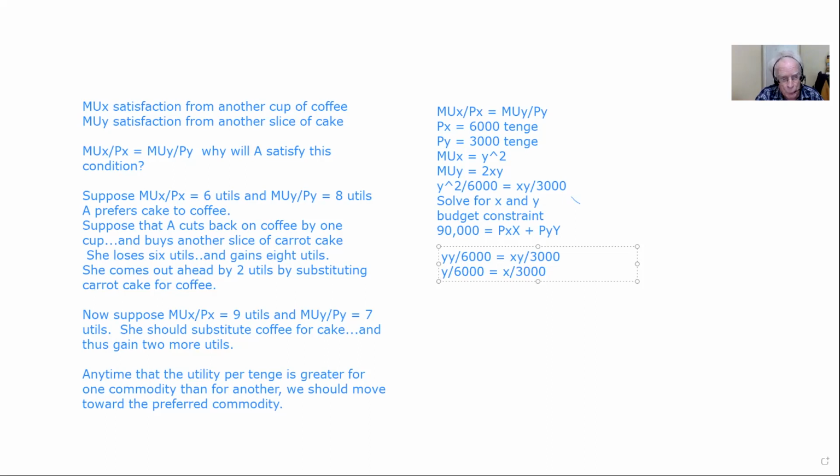So our condition boils down to this, and then we can solve for x by multiplying both sides by 3,000 times y. In other words, x is equal to y divided by 2.